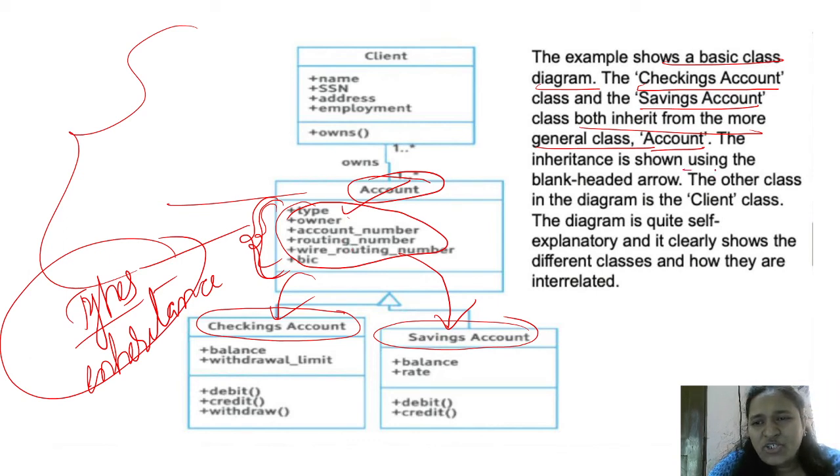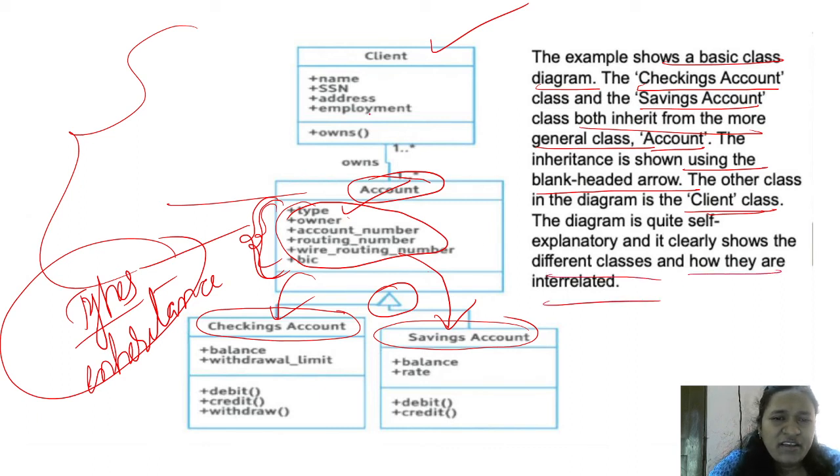The inheritance is shown using a blank arrow. The other class in the diagram is a client class. It clearly shows the different classes and how they are interrelated. This client owns an account, and this account is inherited by two different accounts, checking account and savings account.